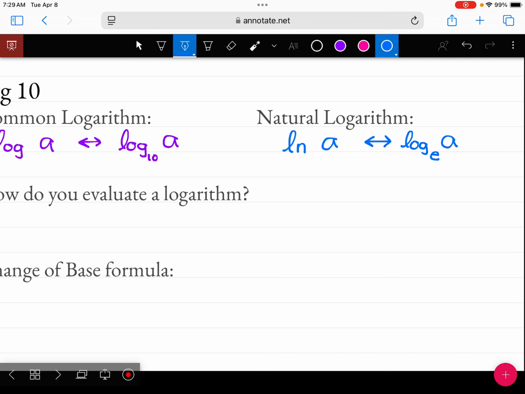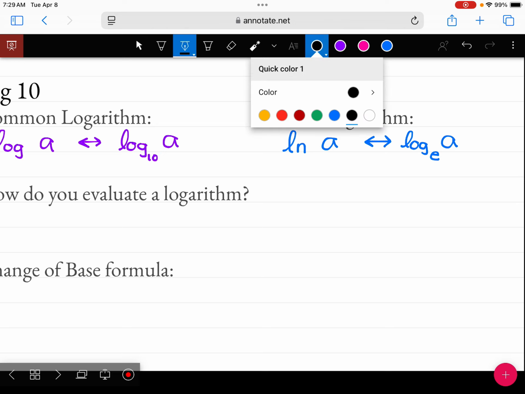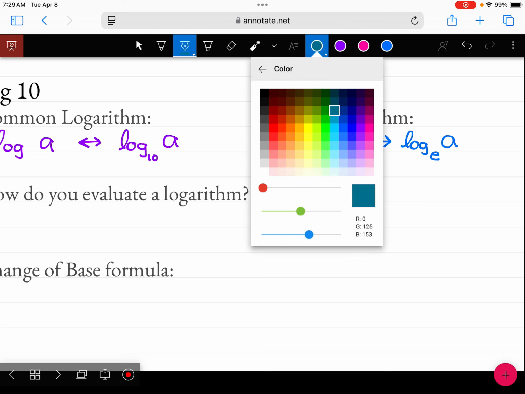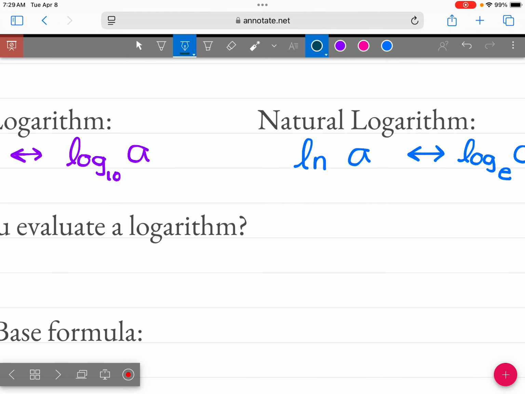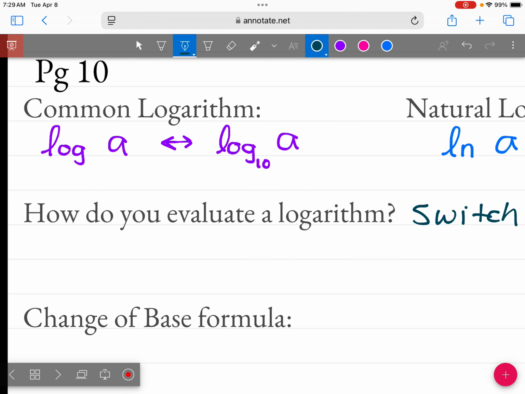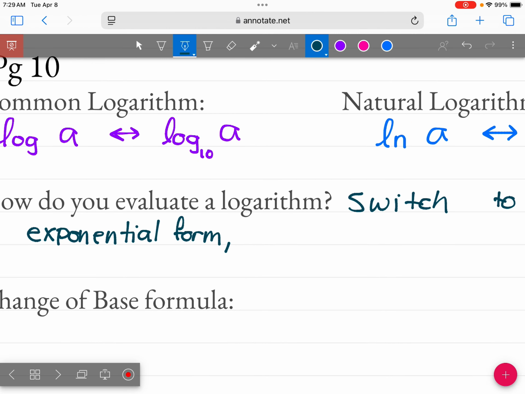So the ways we have to evaluate logarithms, how do you evaluate a logarithm question here? What we have so far that we can use is we can switch to exponential form. Today we're going to work with something called the change of base formula.